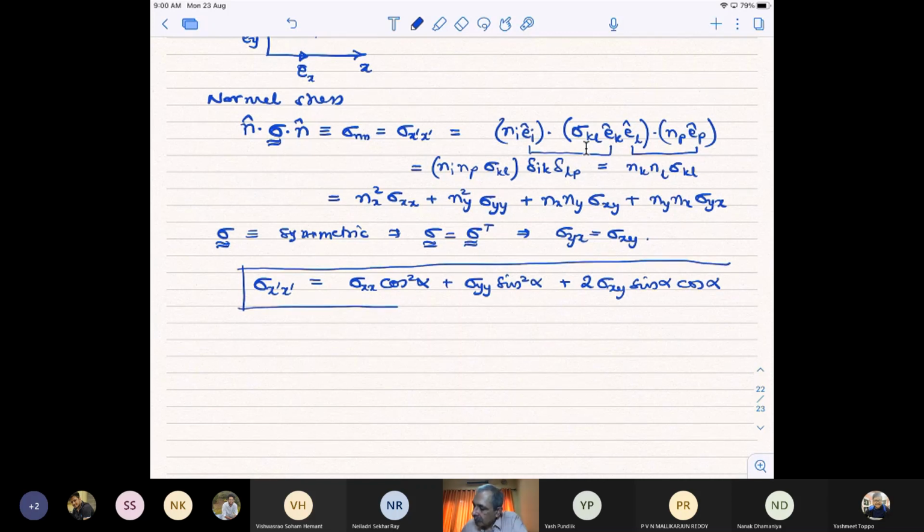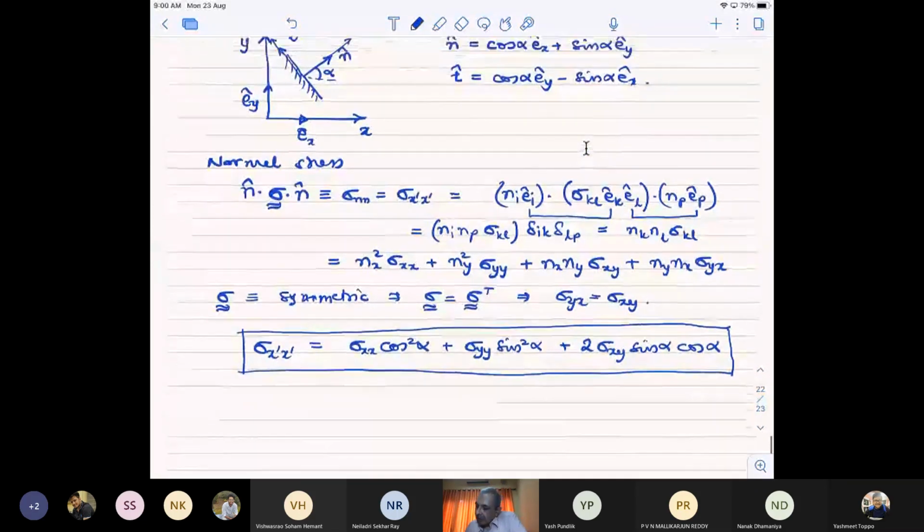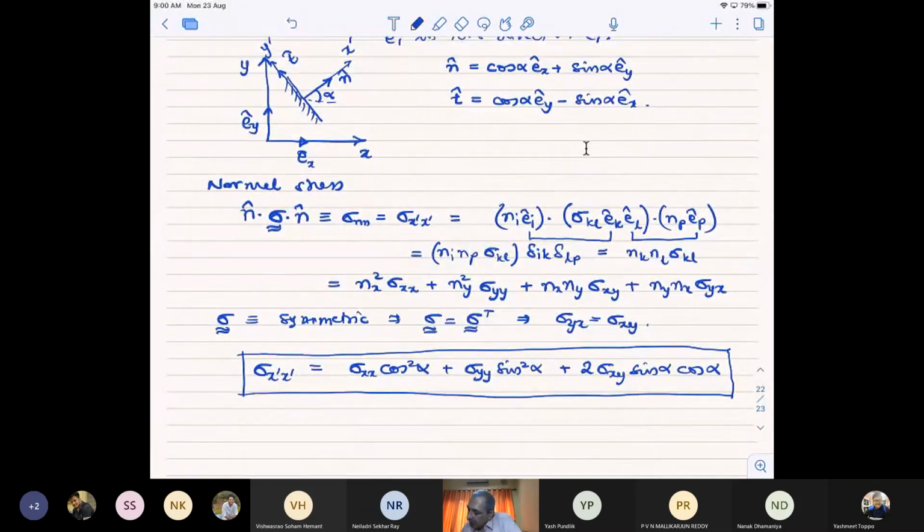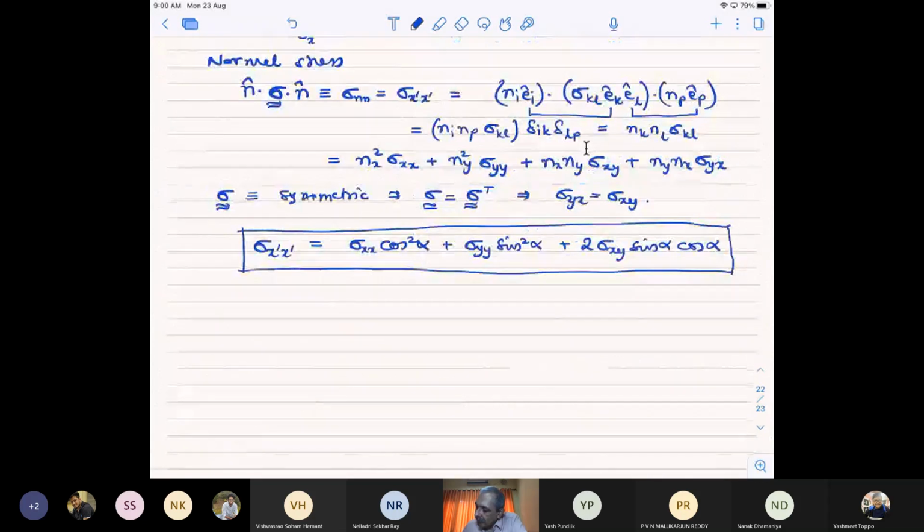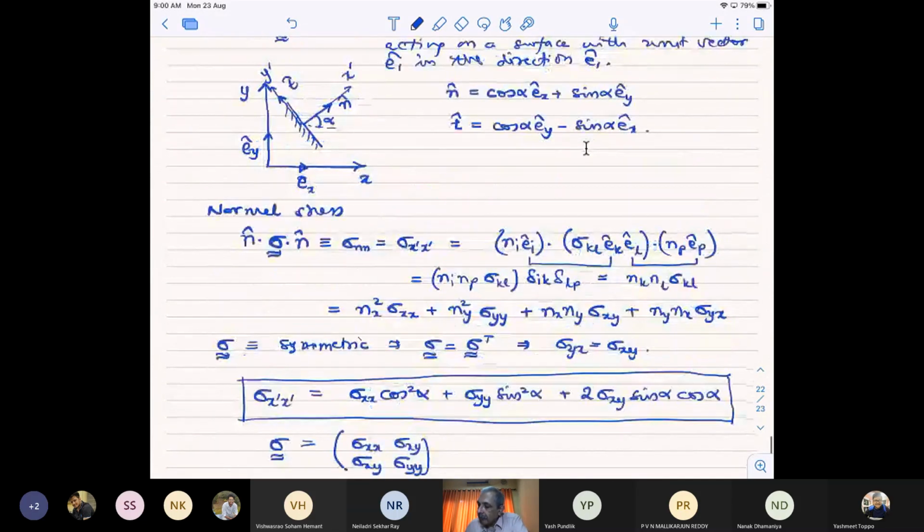So what I've done is nothing much. There's no physical principle here. All I've done is that I have said that, okay, if I'm given sigma_xx, sigma_yy, and sigma_xy, that is, if I'm given this matrix, then can I calculate what is the normal force on any surface in the system?